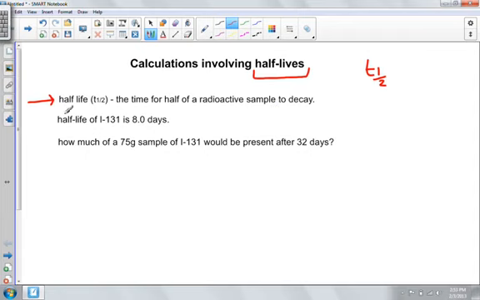For example, the half-life of iodine-131, which is used in a variety of medical diagnostic procedures, is 8 days. An 8-day half-life means there will be enough iodine in your system for the doctor to do the measurements he needs. But after a month or so, there'll be virtually nothing left of it.